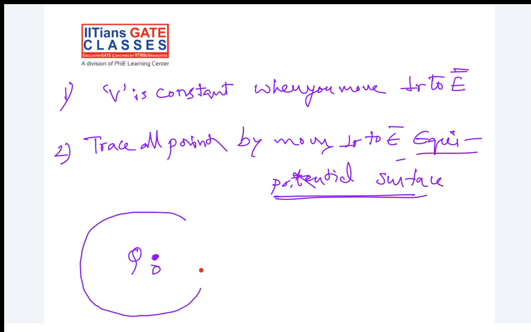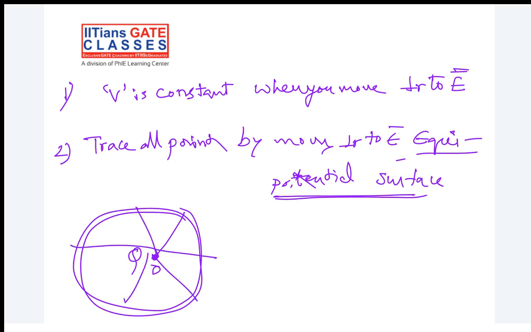When you are moving on a sphere, what will happen? Everywhere the radial distance remains the same. So since the radial distance is the same, the potential here, here, here, everything is the same. So with respect to a point charge, you can consider the sphere an equipotential surface, right?